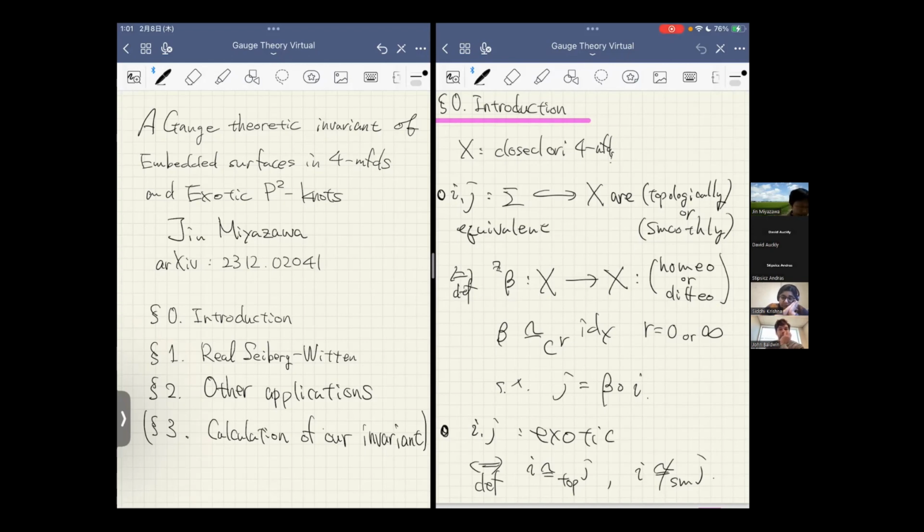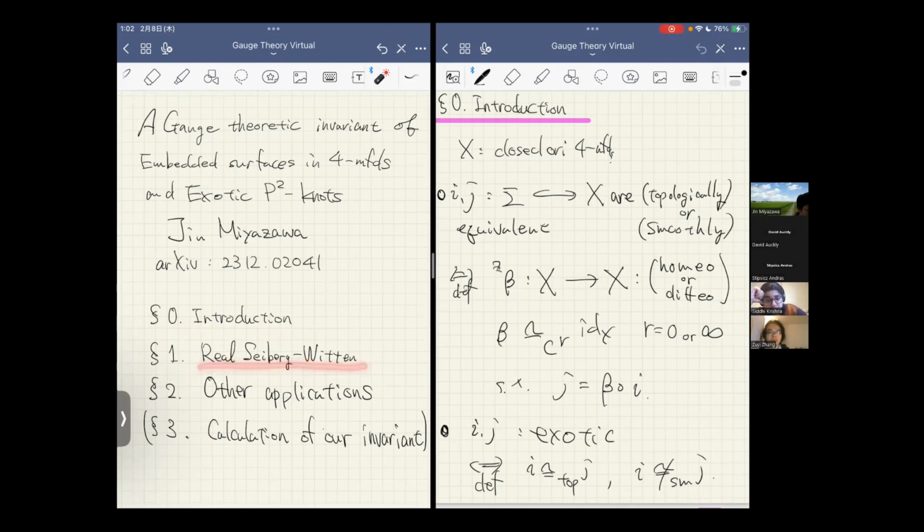Let me explain the organization of this seminar. Firstly, in the first section, I will explain the main theorem and the background of the main theorem. And in the next section, I will explain real Seiberg-Witten theory. This is a variant of Seiberg-Witten theory.